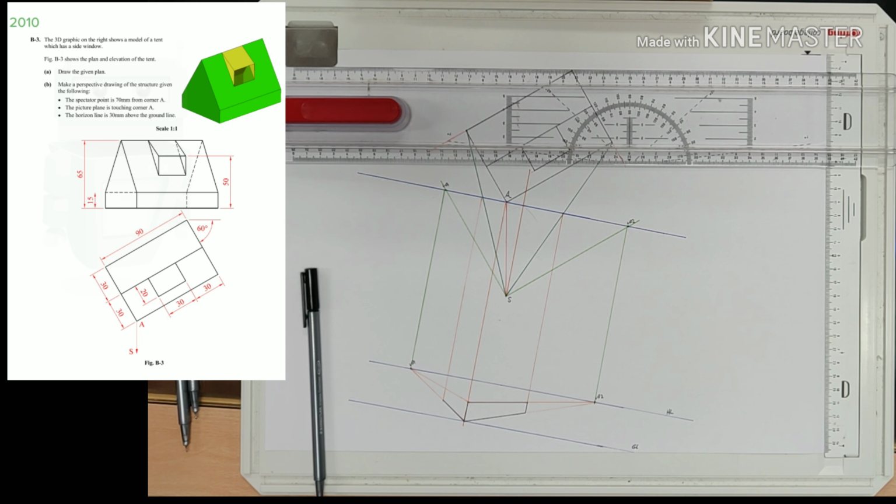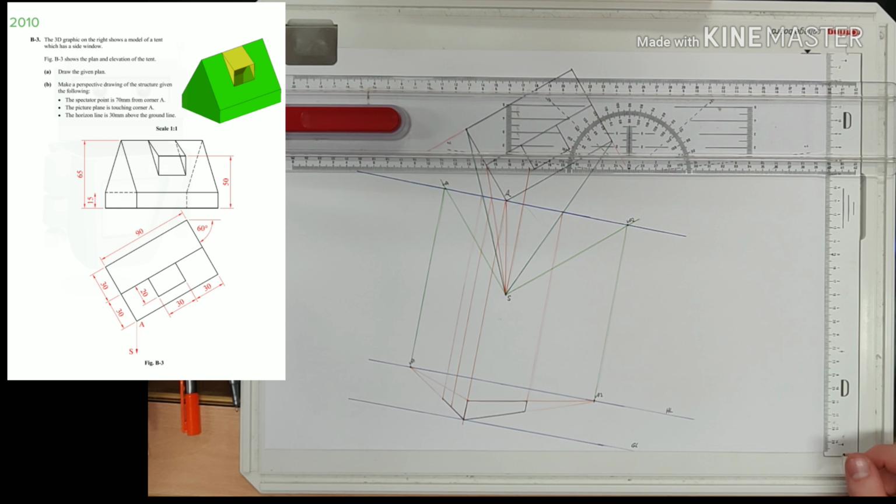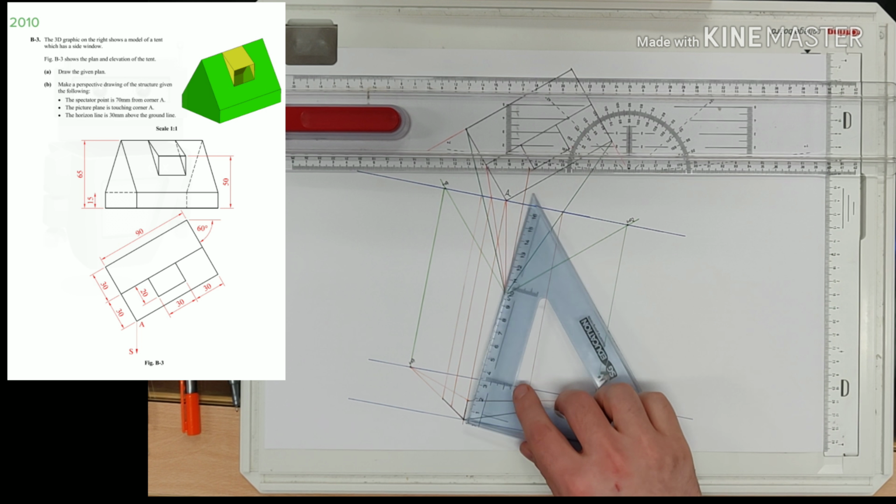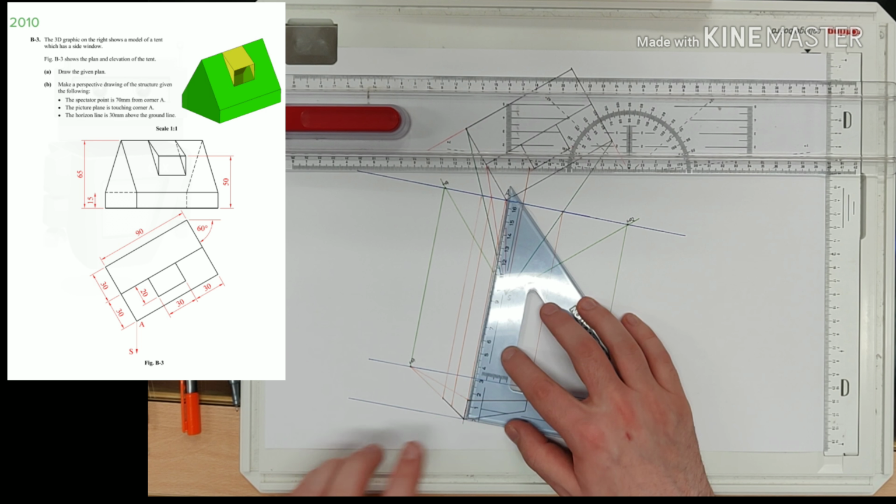Now, I need to find out the overall height of the roof so that I can find where that slope is going from, and that is given to us in the question. And we are told that it is up 65 millimeters. So again, along this true length line, I'm going to measure up 65. Mark it here, and I'm going to vanish him back to VP1.